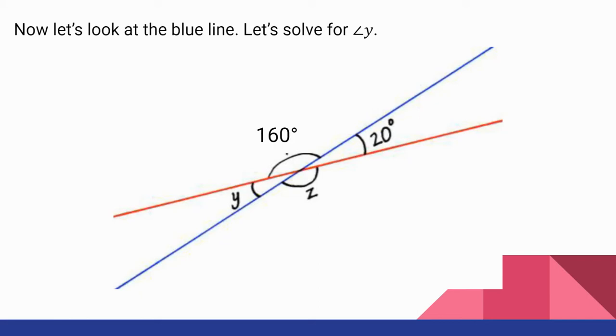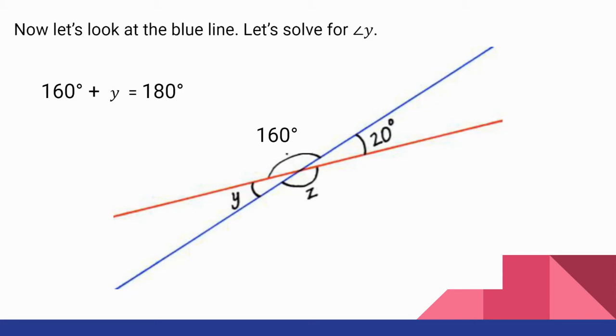Now let's look at the blue line and solve for Y. We know one of the angles is 20, one is 60. Now we're going to focus on the blue line as a straight angle. We're not going to ignore the red line, but really focus on that blue line. So we know 160 plus Y equals 180 degrees.